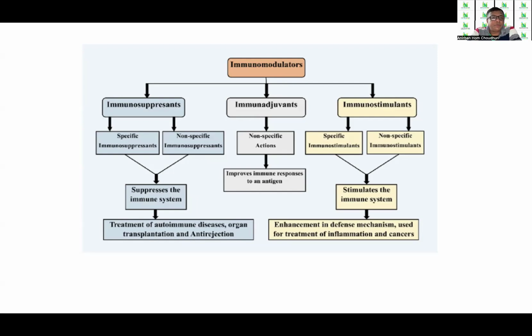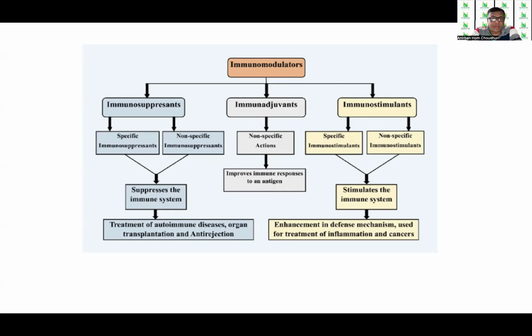And when we use immunosuppressants, they can be either specific or non-specific immunosuppressants to suppress the immune system, and particularly they are useful in the treatment of autoimmune disease, in organ transplantation and anti-rejection. So their role, pure immunosuppressant's role in critical care seems to be restricted unless and until the patients do have features which are suggestive of pure immunosuppression.